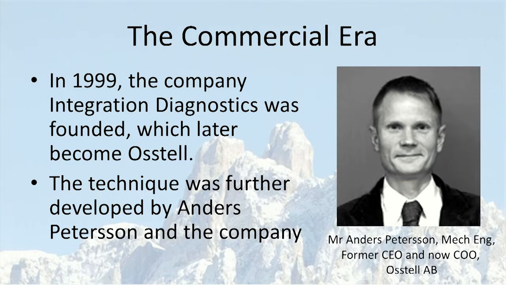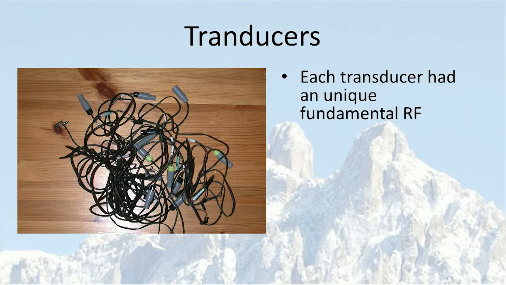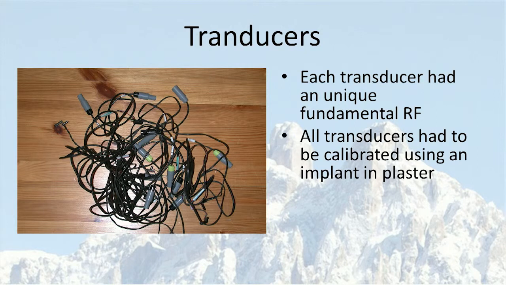And what we realized during the first era, using the first and second generation, was the problem with the transducers. Each transducer had its own fundamental and unique resonance frequency. So this meant that we had to calibrate each transducer. And then after the measurements, we had to add or subtract hertz in order to calibrate all the transducers.